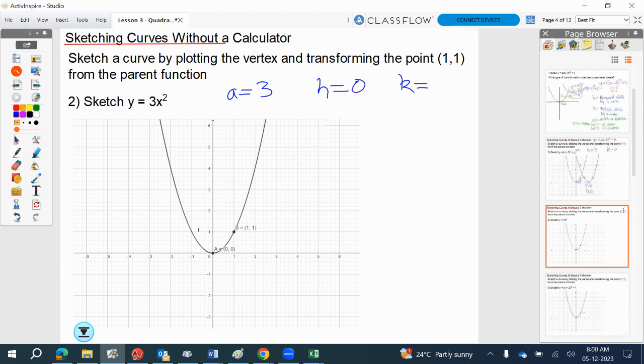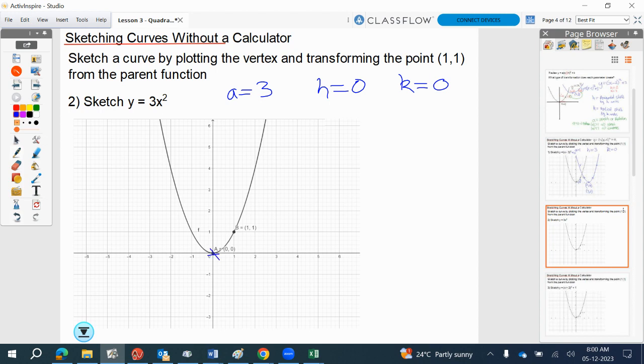What is the value of k? 0. If h and k are 0, what does that mean? It is just a stretch. It doesn't move. What doesn't move? The vertex doesn't move. So the vertex is going to stay here.